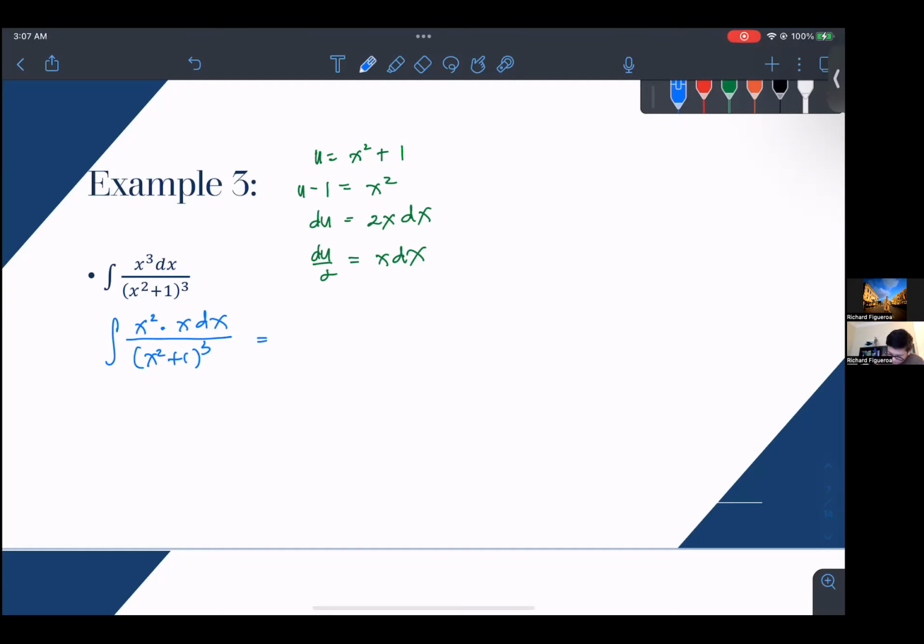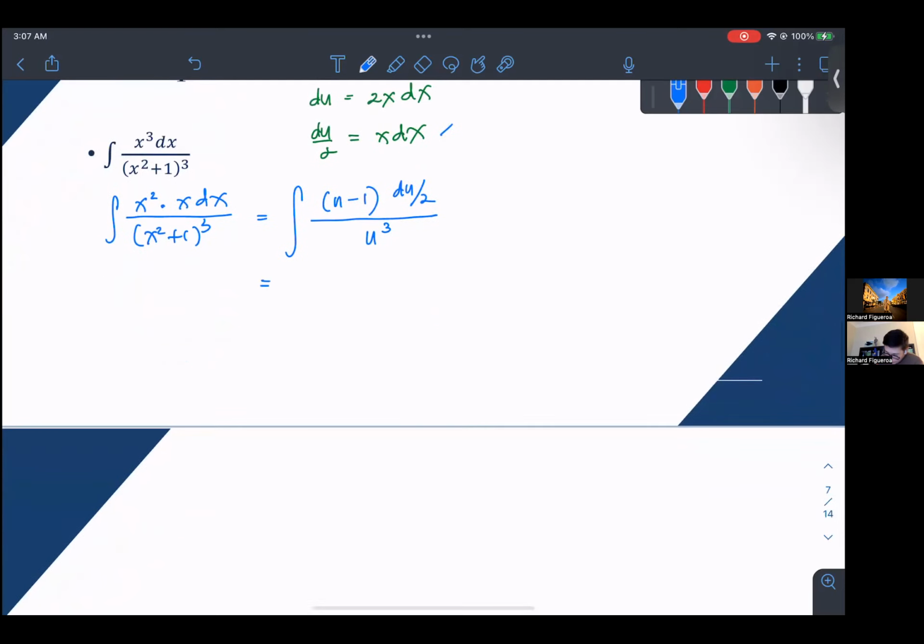Let's try to see. So x squared is this, which is u minus 1. And then x dx. So x dx is this, which is du all over 2. And then the x squared plus 1, it's u, then raise it to 3.